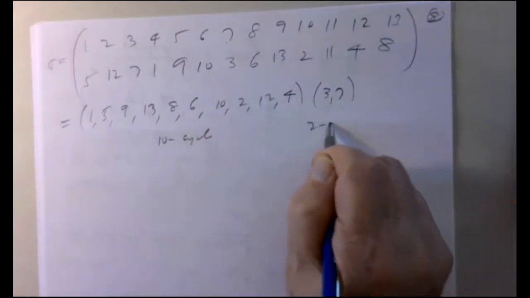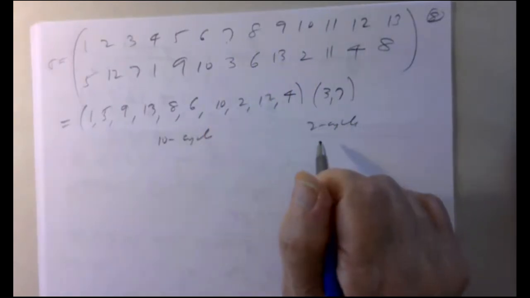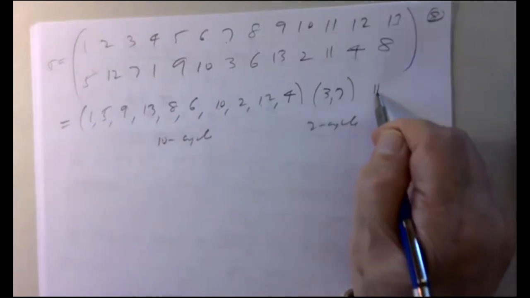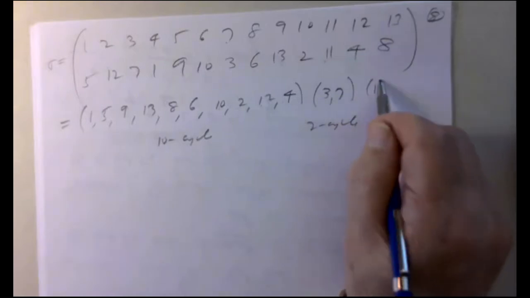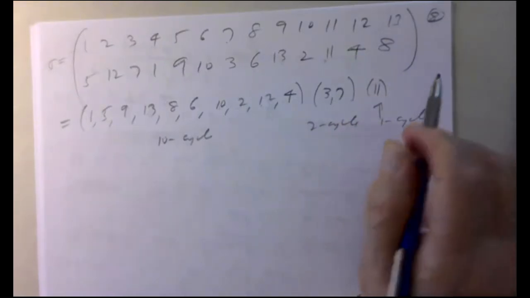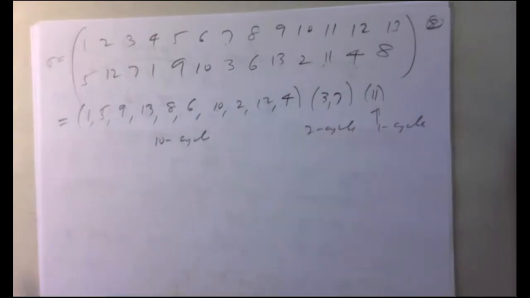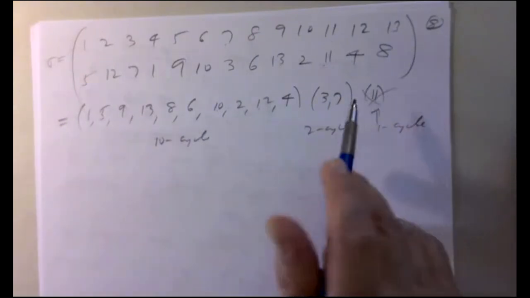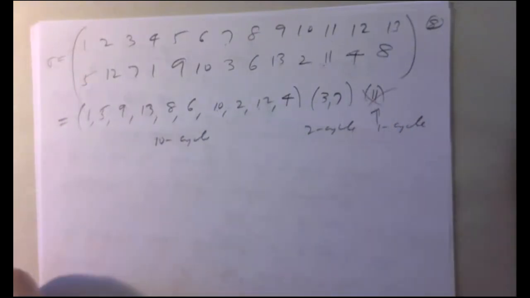So this is a 2 cycle. And the only number that doesn't appear so far is 11. 11 goes to 11. So you could call that a one cycle, just means it goes to itself. Or what you usually do is you can write this or not write it. You can just ignore it if you like, it doesn't matter.